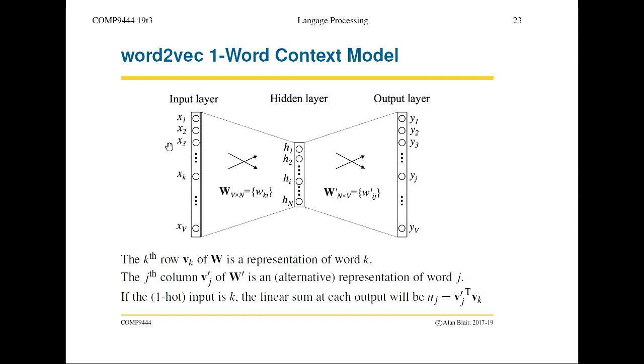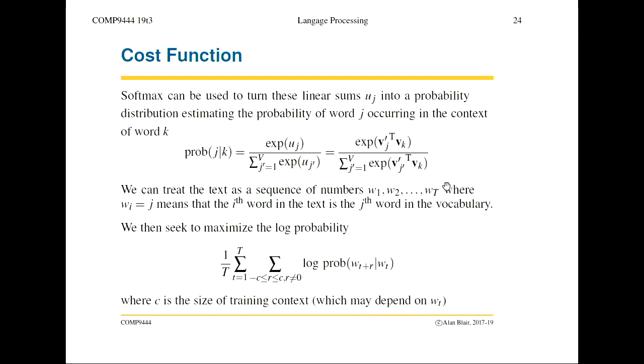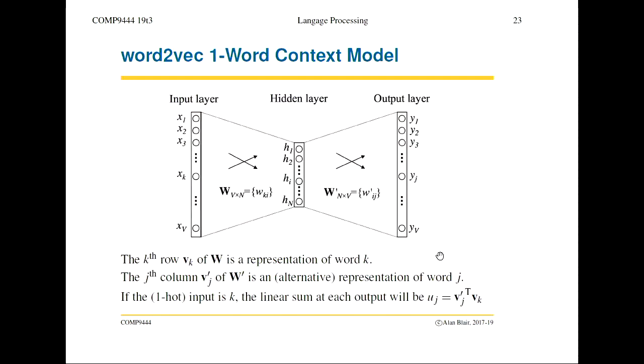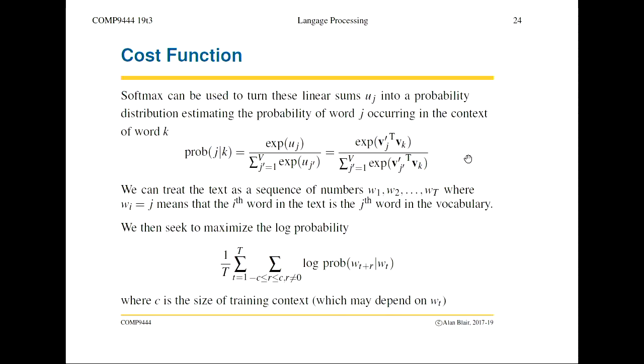So you're looking at the kth word here, the kth word here, and the jth word there, and this activation would be U. The output activation Uj is Vj transpose V prime J transpose Vk. So it's a dot product between this set of weights and that set of weights. So that's the outputs, and then we apply softmax to those outputs.